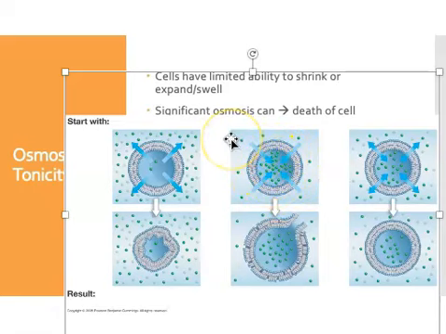So water will travel from the side where there are very few green particles across the membrane to the side where there are lots of green particles. And the idea is that the water is trying to dilute out this high concentration of particles and bring it down to the same concentration that's outside the cell.